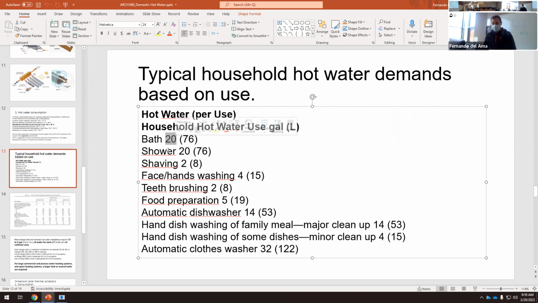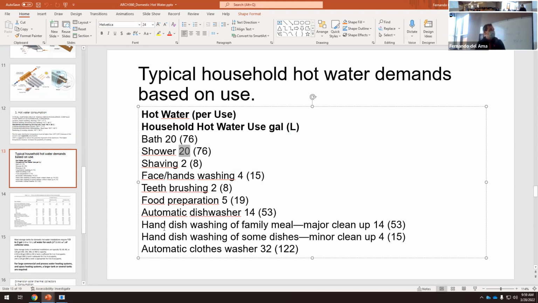So we have 20 gallons for a bath, 20 gallons for a shower, 2 gallons for shaving, for face, hands, and washing, 4 for teeth brushing, food preparation, automatic. Those are reference values. If you are 2 hours under the shower, probably you will waste more water, but these are average values, and these are daily values.